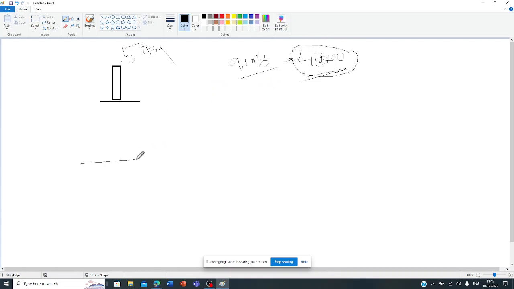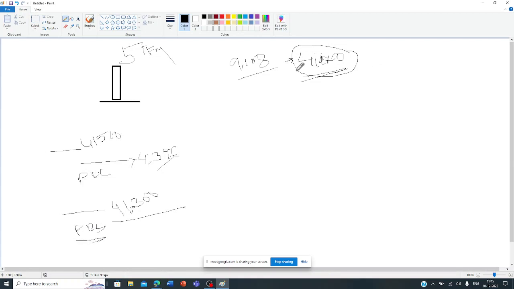Say yesterday Bank Nifty closed around 41,396. That's the closing part, previous day close. The high was suppose 41,500, previous day high, and the low was say 41,330, so this was the low.